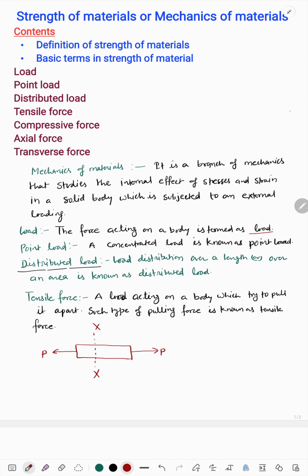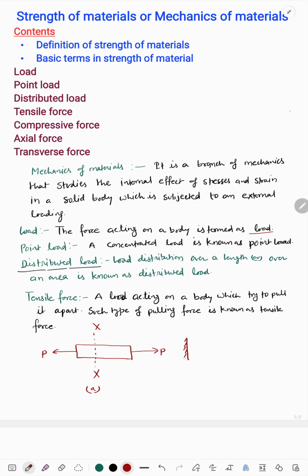This force will try to take the material away from its original position, so it will produce tension in the solid body. Let's take one more example.